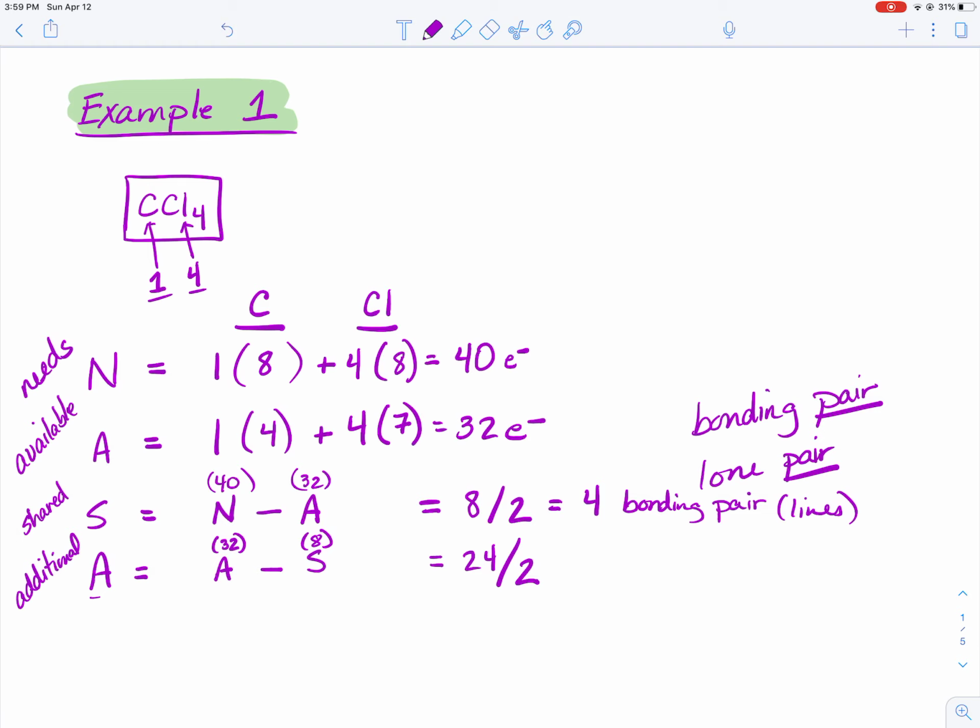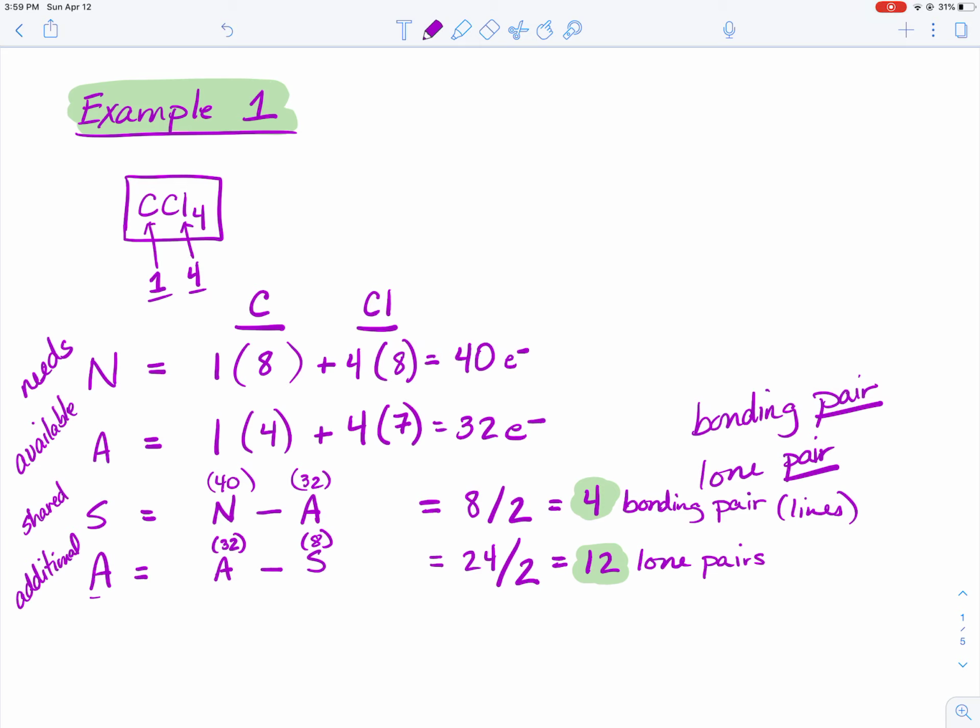You can use the 4 lines to draw single bonds, double bonds, or triple bonds. It's just that you're going to have 4 total. And then this additional row is 24 divided by 2, which will give us 12 lone pairs. So what we're going to use are essentially these numbers, 4 and 12.